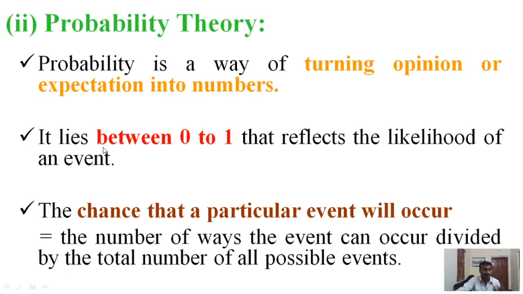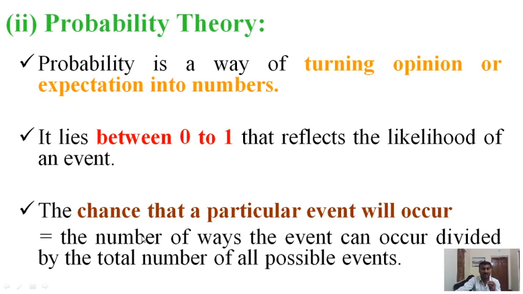That number lies between 0 and 1, and it reflects the likelihood of an event and the chance that a particular event will occur.